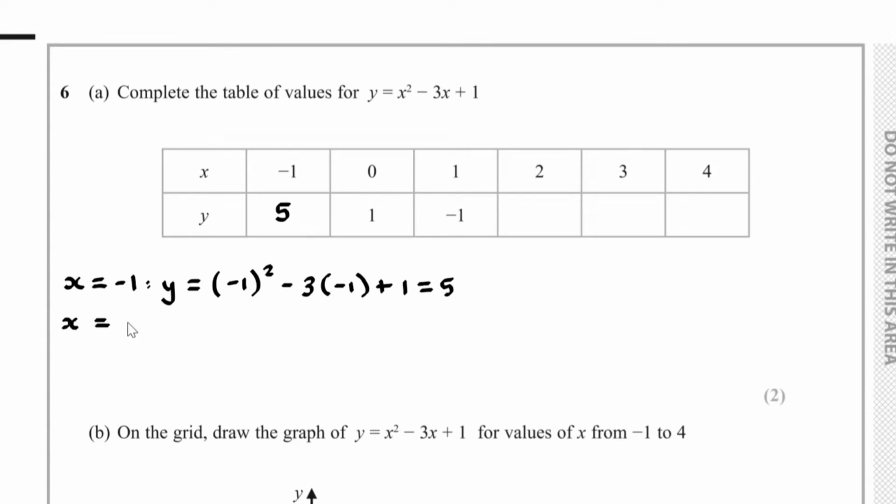When x is equal to 2, y equals 2 squared, subtract 3 multiplied by 2 plus 1, and it turns out here we get minus 1.